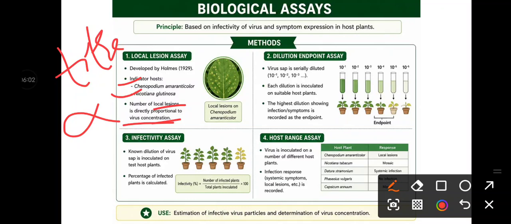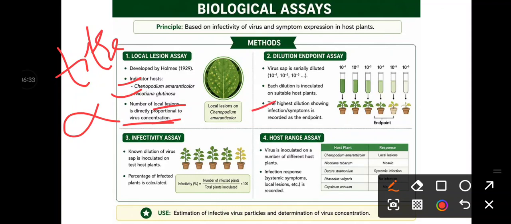Then next, the second important biological method is the dilution endpoint assay. In the physiological properties, I have already discussed that dilution endpoint means the highest dilution after which, when we inoculate that sap on a plant, it will not produce any symptom.